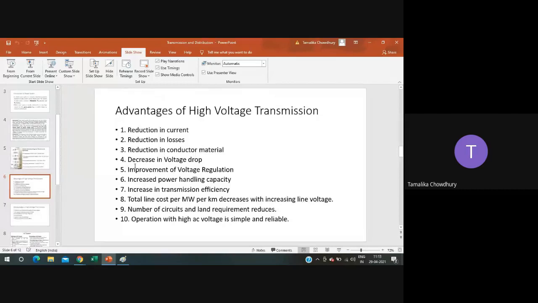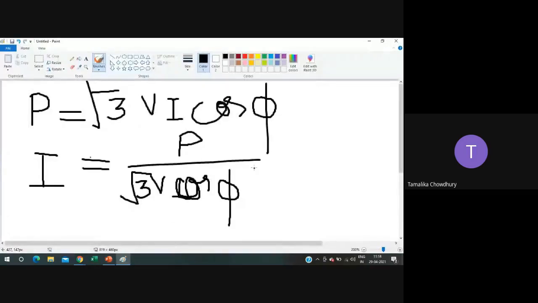Okay, so next is the reduction in losses. If I equals P divided by root 3 V cos phi, then obviously from here we can write I square. I square will be equal to how much? Just write.